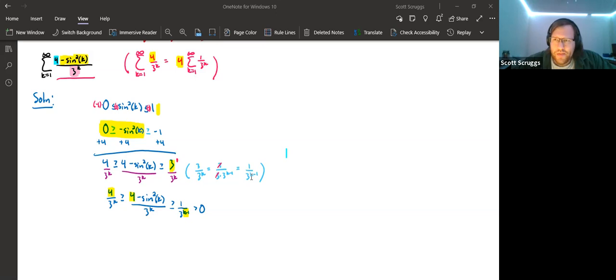However, for direct comparison tests, if the terms of the series you're comparing with are smaller than the terms of the series that you don't know anything about, then you want that to diverge in order to conclude divergence.